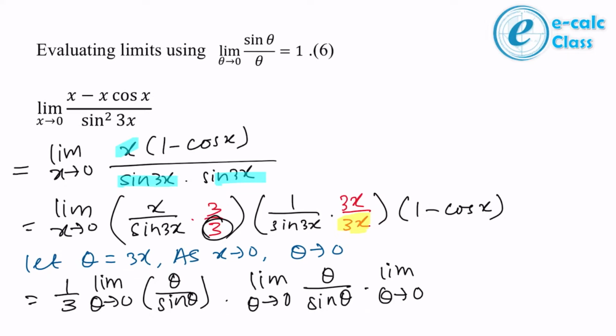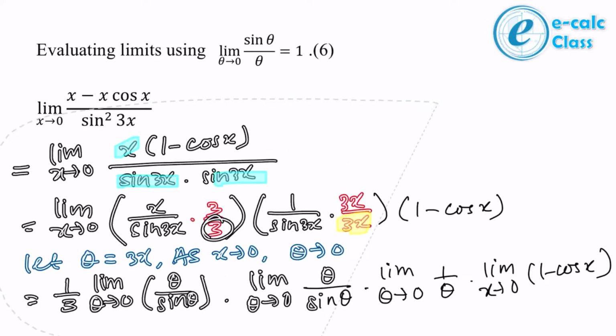And in fact, it's actually 1 over theta times limit when x approaches 0 of 1 minus cos x, which is no good. Okay, let's try, what's that? The double angle. And see how far we can go. Let me just get rid of all this.